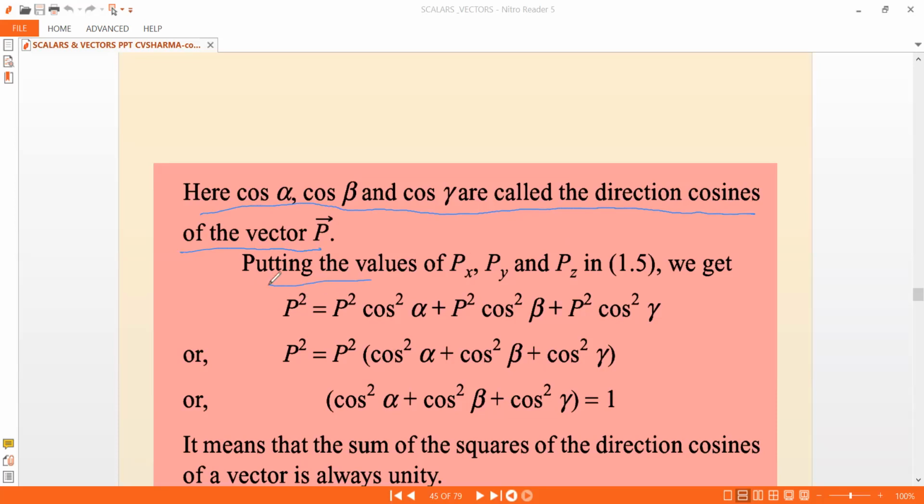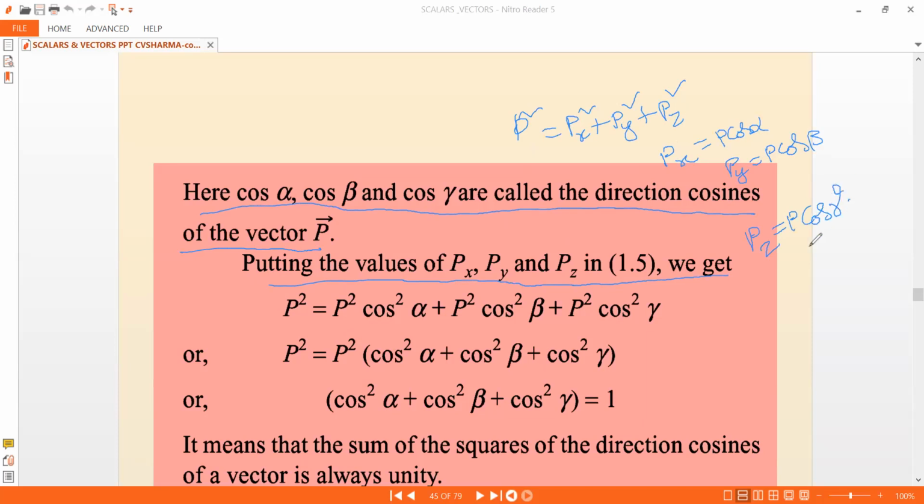So when you plug in the values of Px, Py, Pz in P square is equal to Px square plus Py square plus Pz square, you plug in Px is equal to P cos alpha, Py is equal to P cos beta, and Pz is equal to P cos gamma.